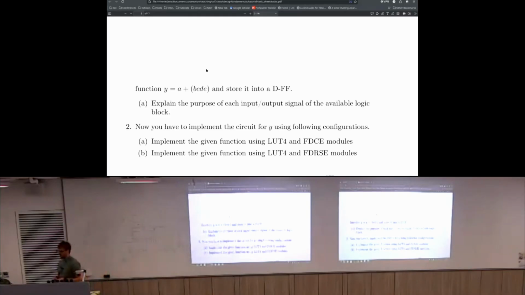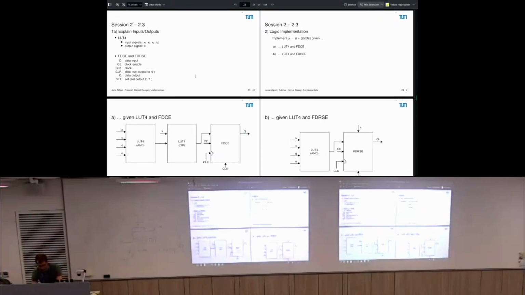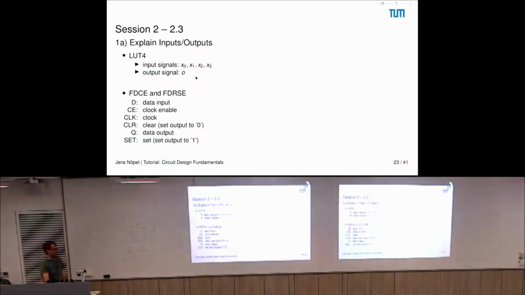So the first question is what is the purpose of each input and output signal, and the rest of the available logic blocks. I will just come to the solution for this one because I guess it's kind of obvious. We talked about lookup tables already. We have our 4 input signals, we have the 1 output signal.